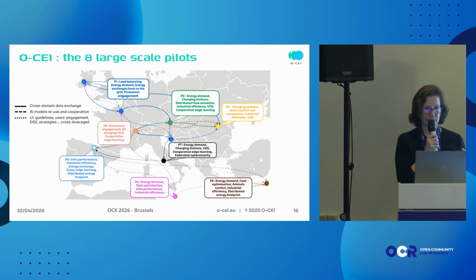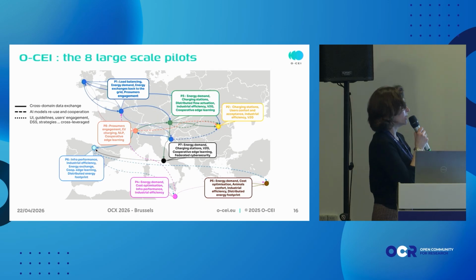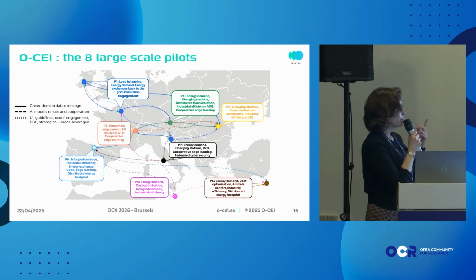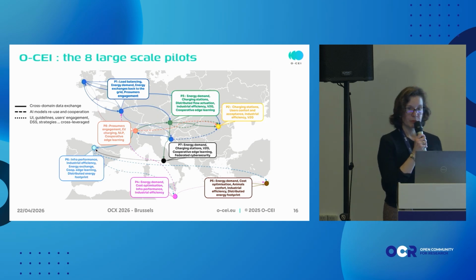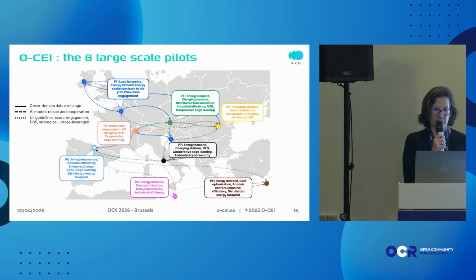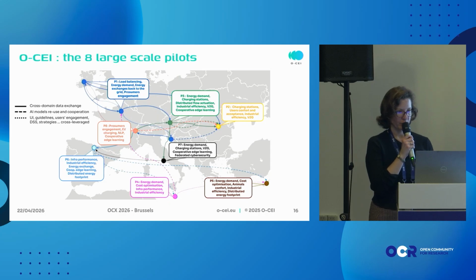What is also very important to explain is that there is a strong focus in this project on cross-domain data exchange, as you can see by the relationship between the different pilots. They will exchange data, but also cooperate on AI models, and also share best practices, user engagement methodologies, and strategies, and everything will be cross-leveraged around the project.